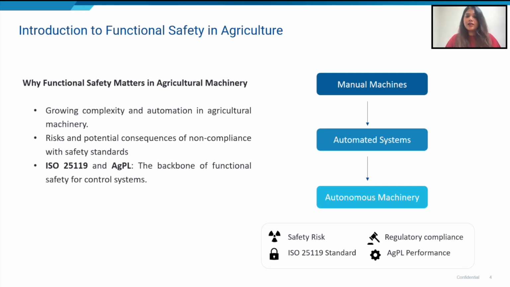These standards provide a framework to help manufacturers reduce risk, prevent accidents, and meet regulatory requirements. By following these standards, you not only protect your operators and products, but also reduce the potential for costly machinery failures. In today's presentation, we'll explain how you can achieve compliance with these standards by using our ready-to-go template.